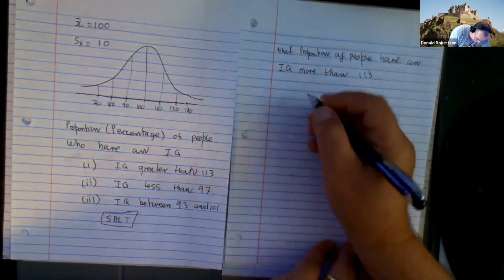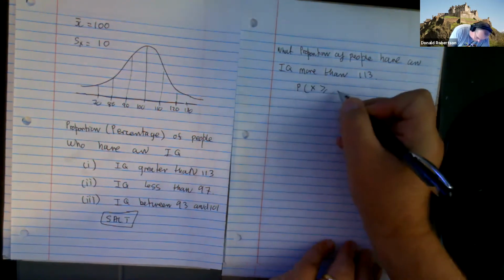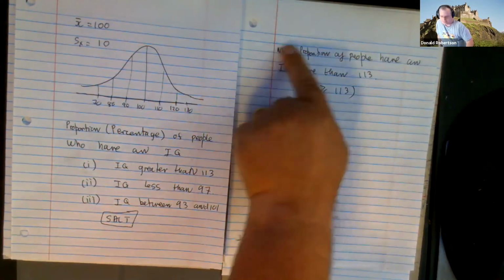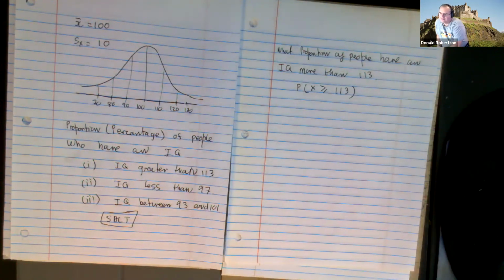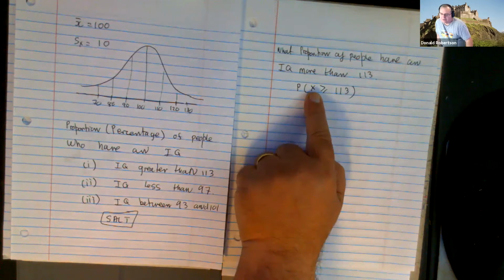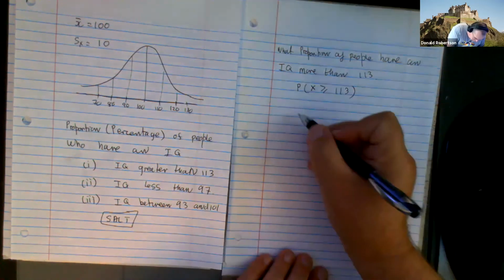This is the notation that we use. That means the same thing as this. What proportion of your people have an IQ greater than or equal to 113? What would this one mean?